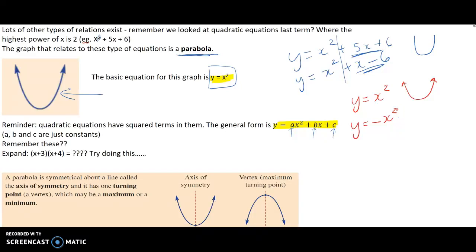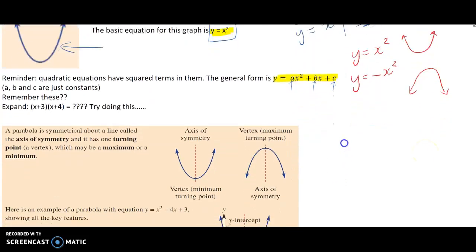Negative. Opposite of smiley face? Sad face, exactly. So it's an upside down U. Okay, so that's the first thing that you need to identify. If it is y equals positive x squared, then you have a smiley face. If it's y equals negative x squared, then you have a sad face.